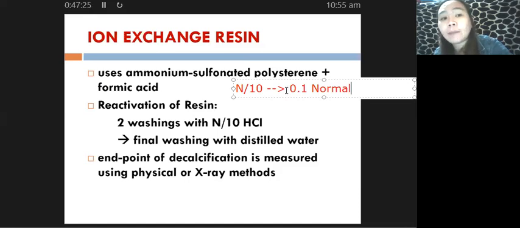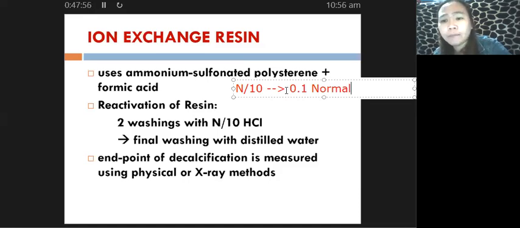Another disadvantage of your ion exchange resin would be the formation of carbon dioxide gas, which is considered an artifact related with the use of ion exchange resin for decalcification.